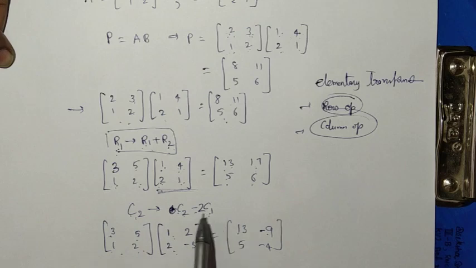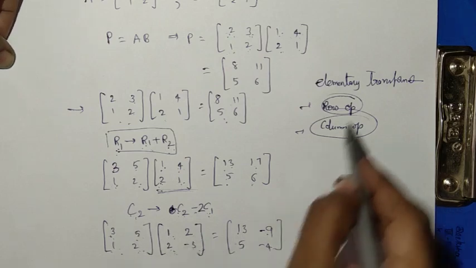So I have to multiply C2 minus 2C1, that means the first column is multiplied by 2 and subtracted from C2. That is how you have to do it. Now let us verify: 3 ones are 3 plus 10, 13. 6 minus 15 is minus 9. 1 plus 4 is 5. 2 minus 6 is minus 4. I hope you got it.